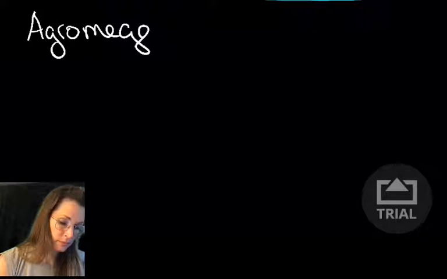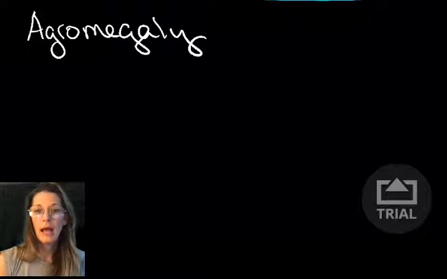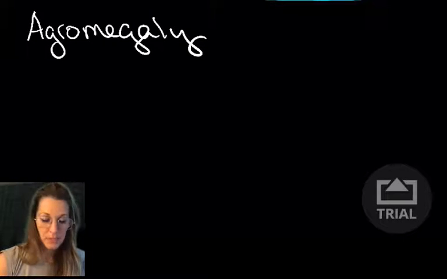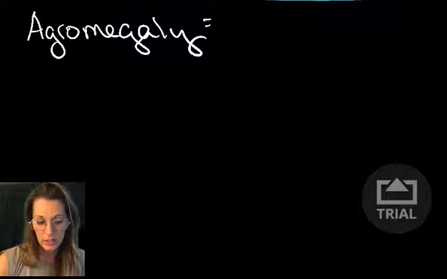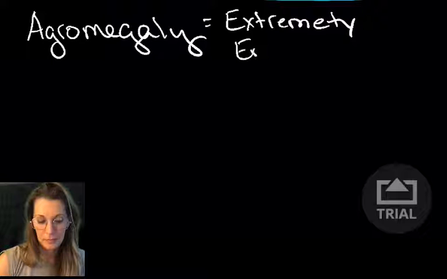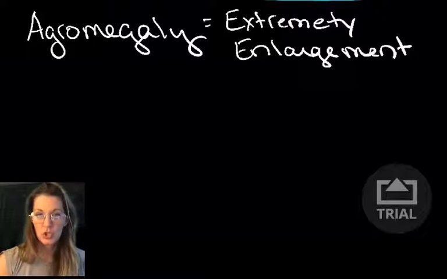Okay, so first example is a condition called acromegaly. Acromegaly literally translates as extremity enlargement.